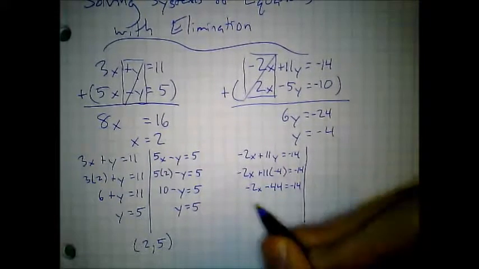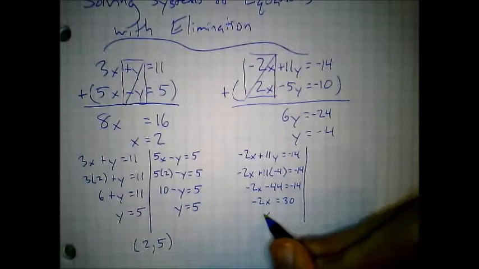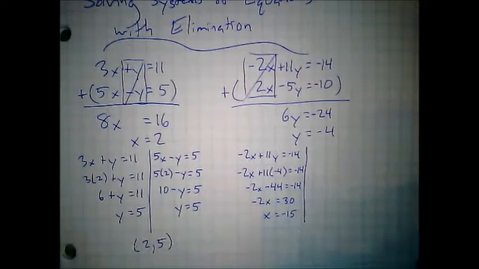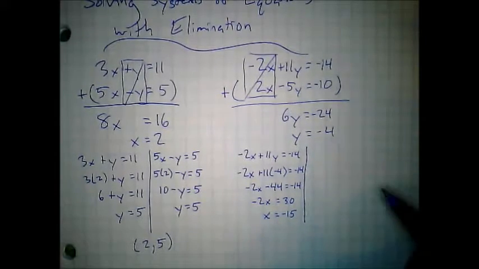I'm going to add 44 to both sides, so I have negative 2x equals 30. I'm going to divide by negative 2, so x equals negative 15. So my first equation, when x equals negative 15, y equals negative 4.